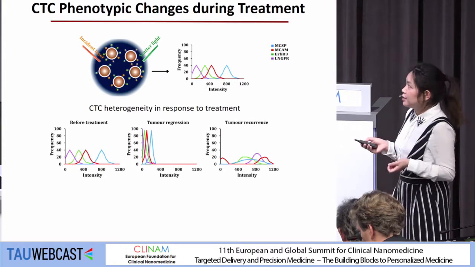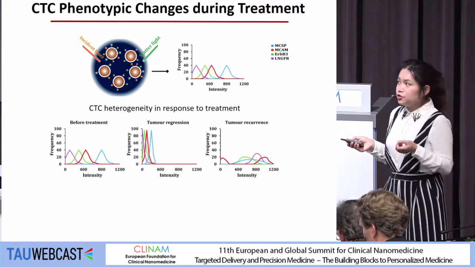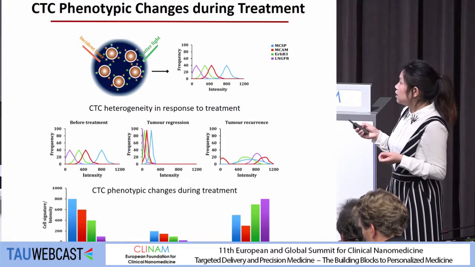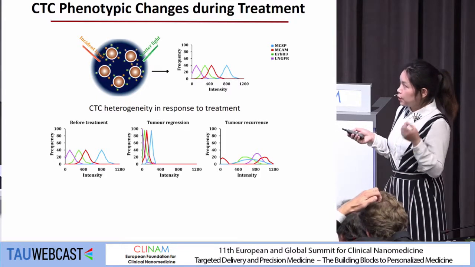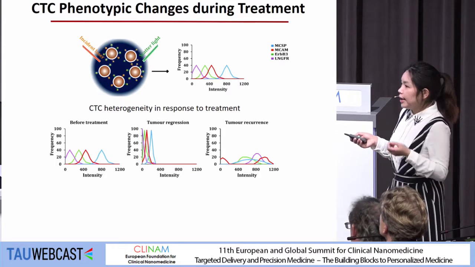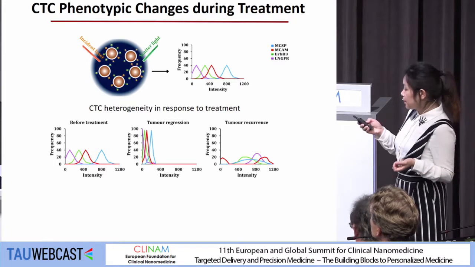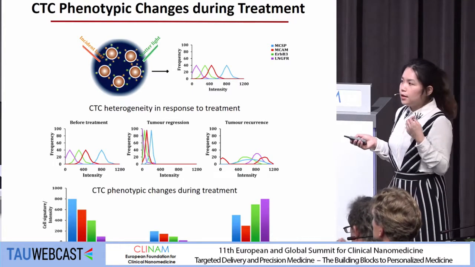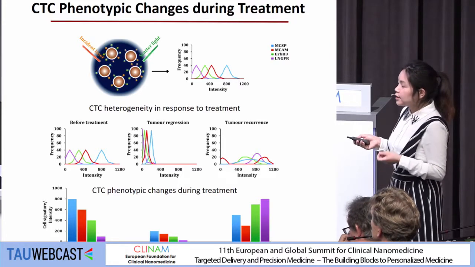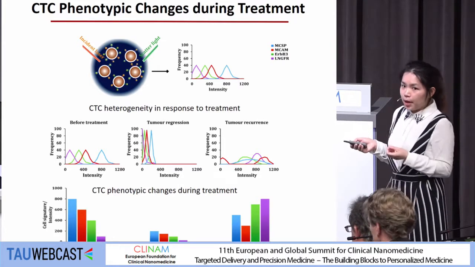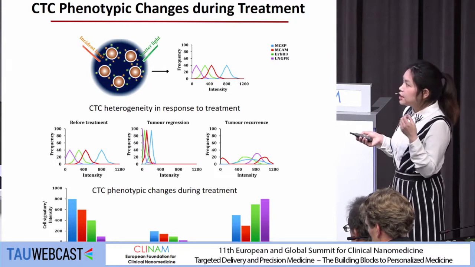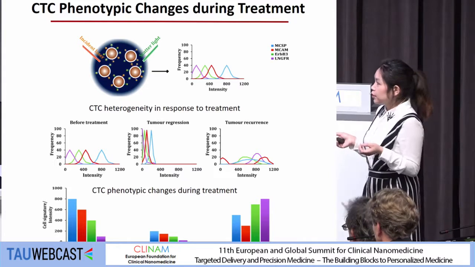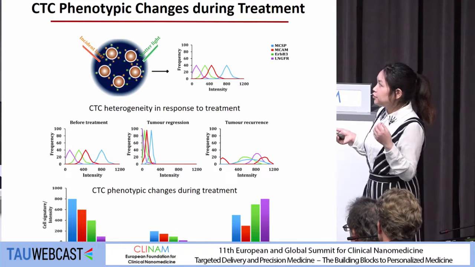We hypothesize that the drug treatment of drug-sensitive cancer cells will lead to a decrease of biomarker expression as well as diversity. We can also calculate the average expression level of each biomarker. The relative ratio of each biomarker was defined as the CTC phenotype. So we hypothesize that the drug treatment will lead to phenotypic changes.